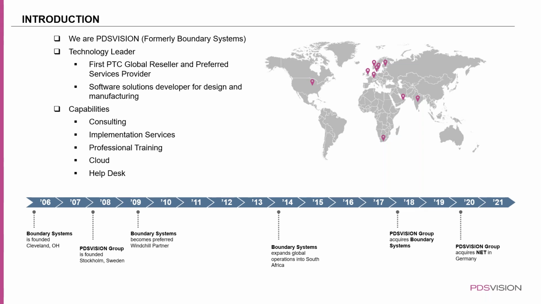And in 2014, Boundary Systems expanded its global operations into South Africa. And then in the year 2018, the PDSVISION group acquired Boundary Systems. So now we trade under the PDSVISION name, right?